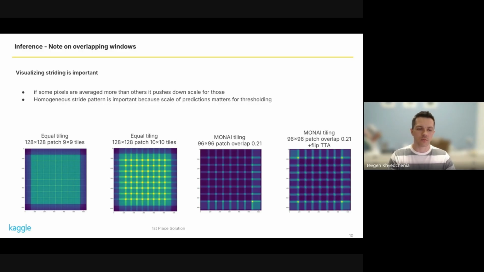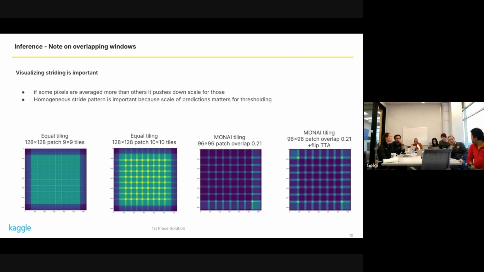And with this tiling, when we have an inhomogeneous grid, we have this uneven variance reduction, so to say. And this makes the final scores worse, while having more or less homogeneous variance reduction leads to a higher final leaderboard score.